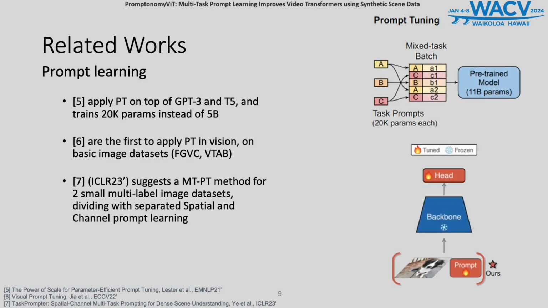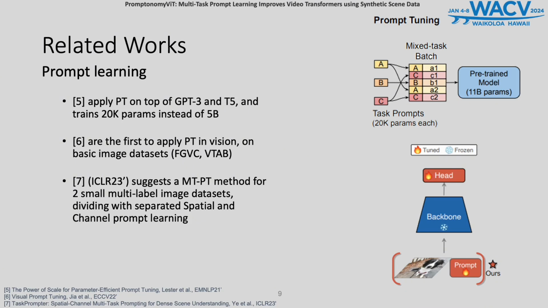The concept of prompt tuning was originally proposed by Google in the NLP domain. They proposed to add learnable tokens while keeping the pre-trained LLM frozen. This enabled them to fine-tune the model in a very efficient way, and they also showed some improvement in NLP benchmarks by training only tens of thousands of parameters instead of billions. Later, the second paper in the slide was the first to address the vision domain.